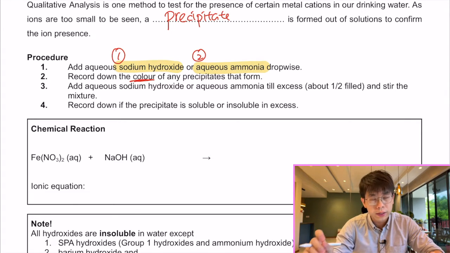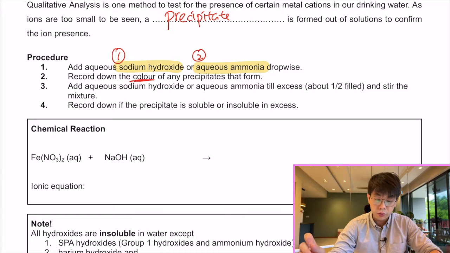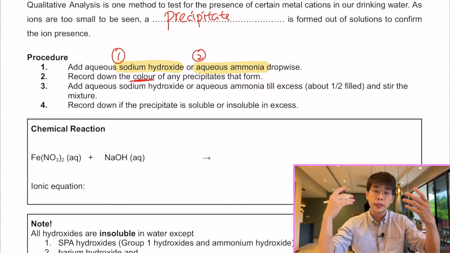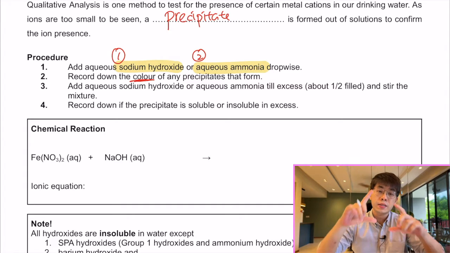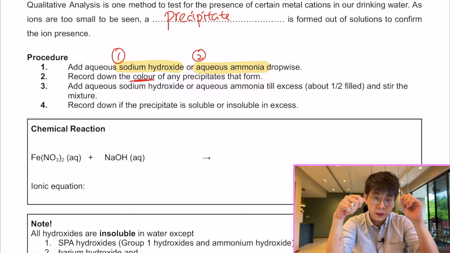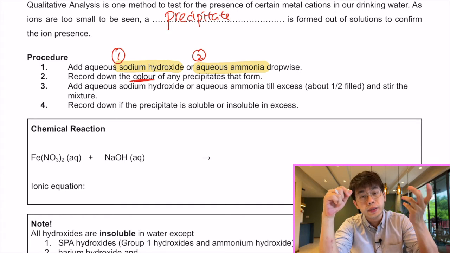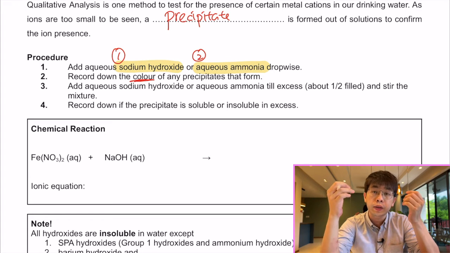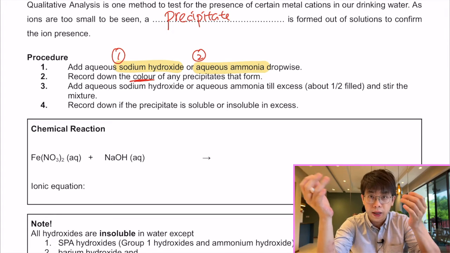After that, you add the sodium hydroxide or the ammonia again until it is in excess, that means about halfway up the test tube, and then you stir the mixture. Then you check whether this precipitate that was originally formed is soluble or insoluble in the excess solution.